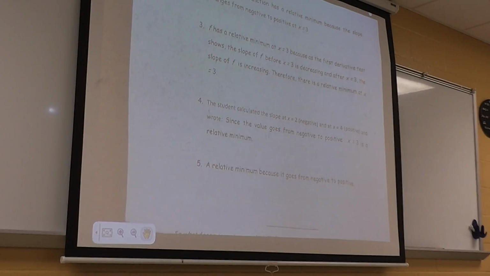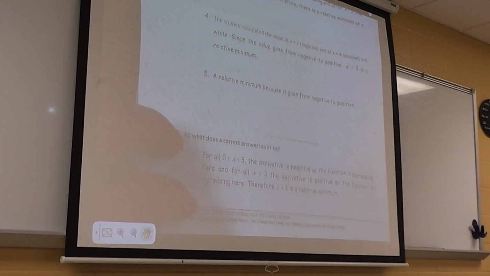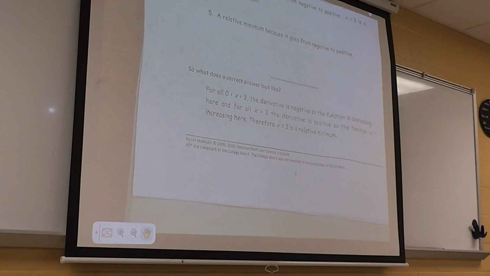Okay, now, here. Now, this guy is another version of what a good answer could look like. For all x between 0 and 3, the derivative is negative, so the function is decreasing here. And for all x greater than 3, the derivative is positive, so the function is increasing here, therefore x equals 3 is a relative minimum.